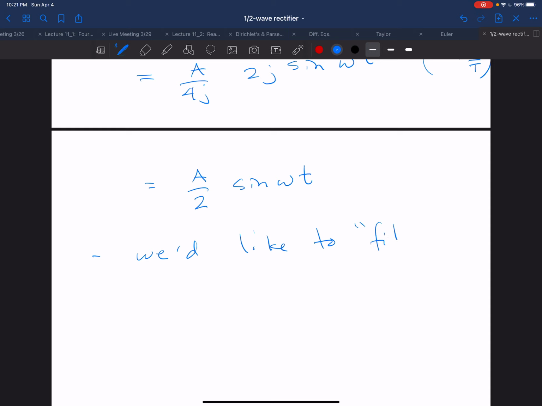So what we'd like to do ideally is to pass this through a system that will let the DC component through, ideally without any attenuation, without any decrease in its amplitude, but that will decrease the amplitude of this sinusoid and all of the higher frequency sinusoids.